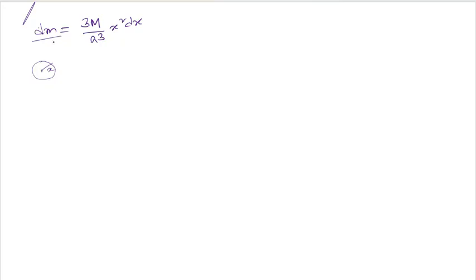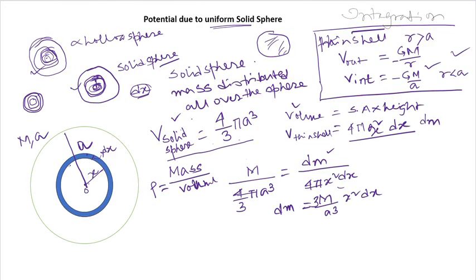If the point P is lying outside, at distance r from the center, all these things we have already discussed in the last video when we calculated for the thin shell. This dm is the mass of the thin shell we have taken.